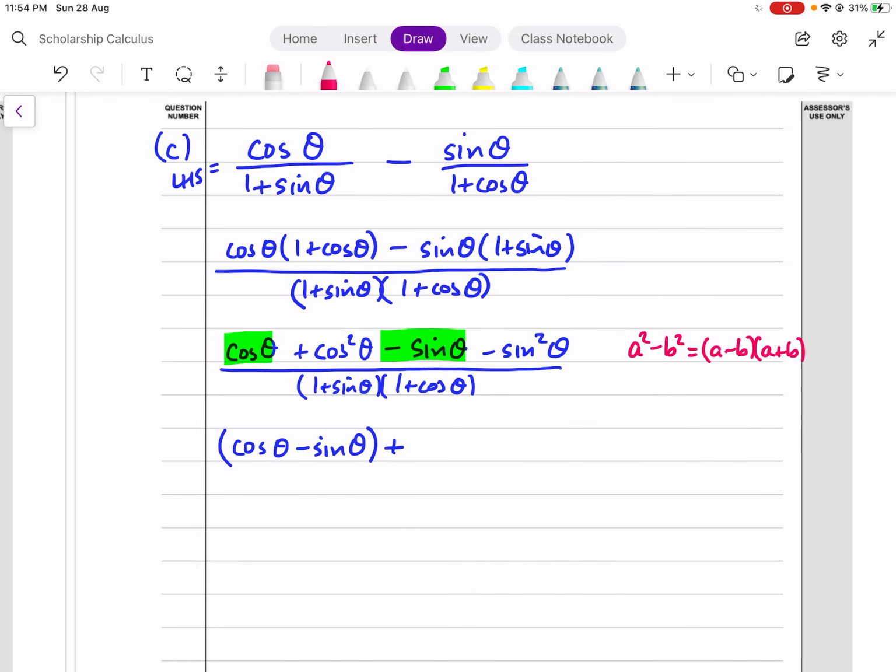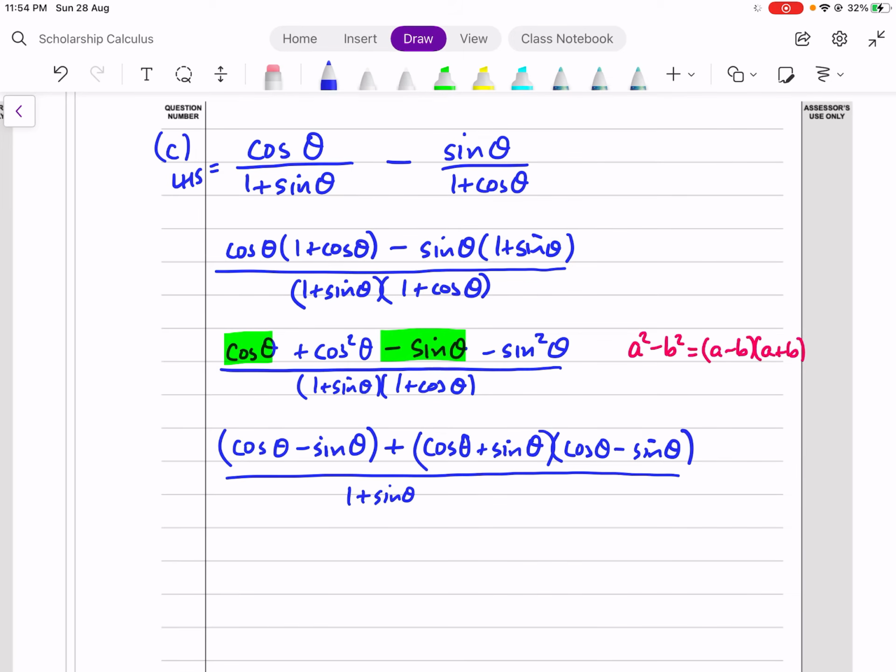So I've got cos squared minus sine squared is cos theta plus sine theta, cos theta minus sine theta. Okay, there's a common factor.